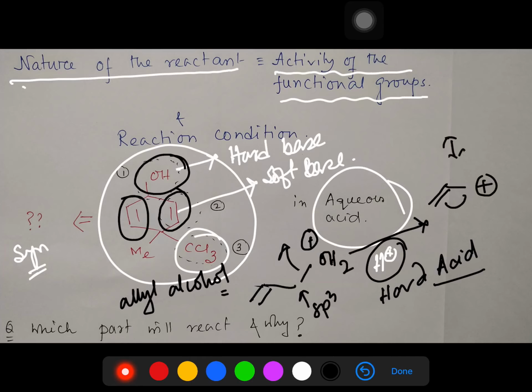How? This double bond pushes here and this results in this. It's a resonance stabilized carbocation, and allylic carbocation is highly stable, and it is doubly allylic. One part is this side, another part is this side. So we can expect that dehydration will be very high, and so reactivity will be from the hydroxyl part.